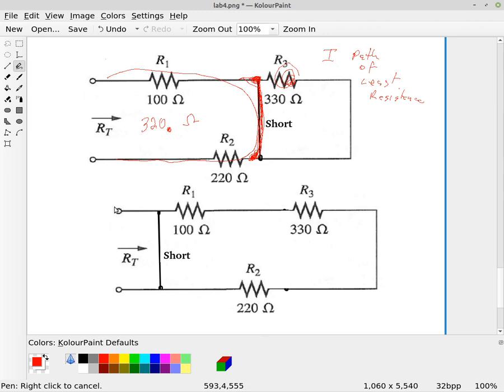Now on the other hand, in this circuit further down here, we see that there's a short right here. So here's this short, and so in this case then, it's like, okay, I could either take the shortcut, or I could go through the 100 ohm, then through a 300 ohm, then through a 220 ohm and get back.